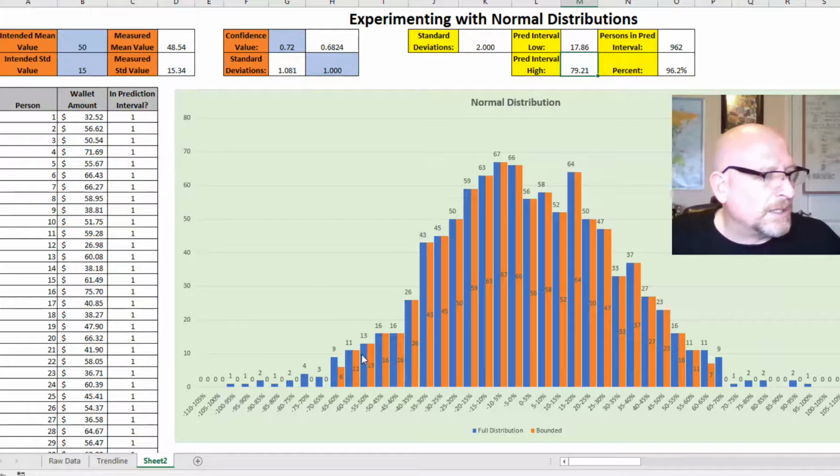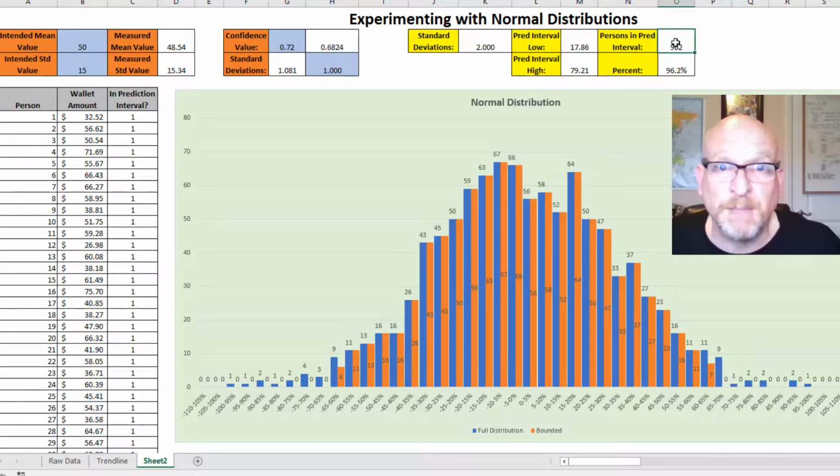By the way, the brown bars, which I didn't tell you what they mean, are the number of people that fit between these two limits. So you can see that 2 standard deviations goes from this point all the way to this point, between this amount of money and this amount of money. I found 962 people, which is 96.2%.